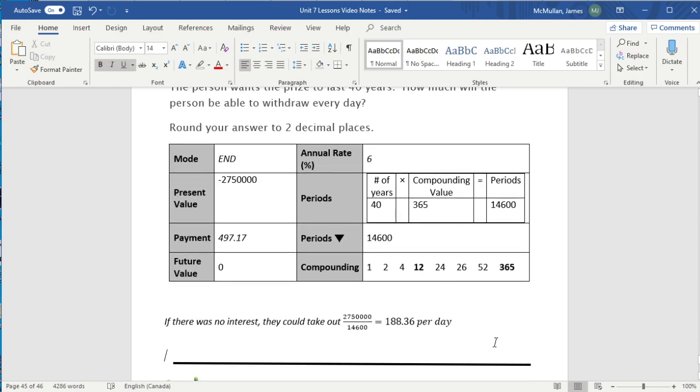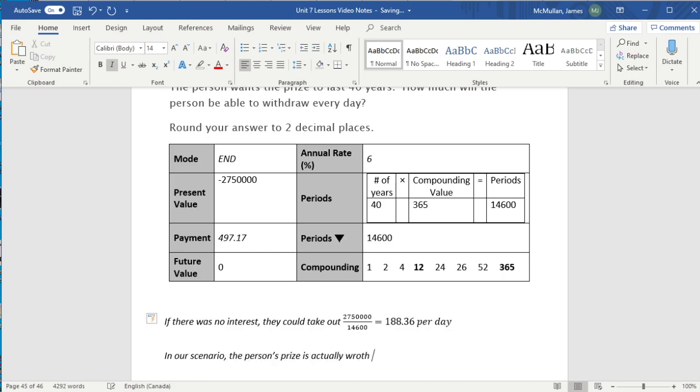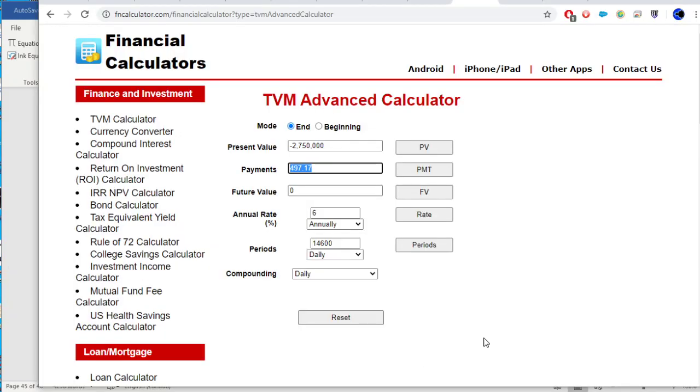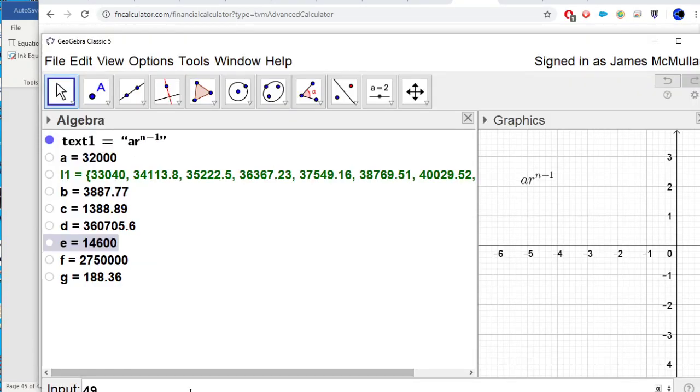In our scenario, the person's prize is actually worth, right? They had 14,600 days to spend it, and $497.17 per day, so $497.17 times 14,600.